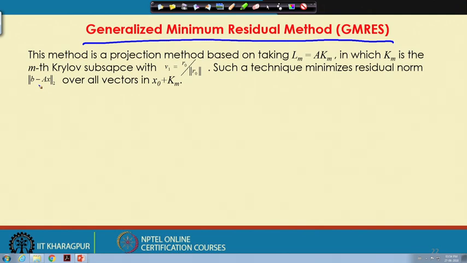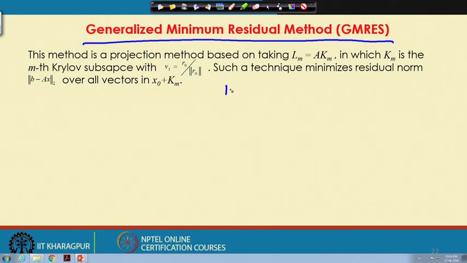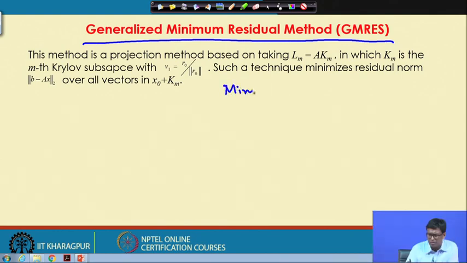So, instead of minimizing x transpose A x minus x transpose b, what we do for the conjugate gradient method, now we are minimizing the norm of b minus A x. And if we try to relate this with general projection methods, we will see that this minimization happened in the minimum residual or MR method.